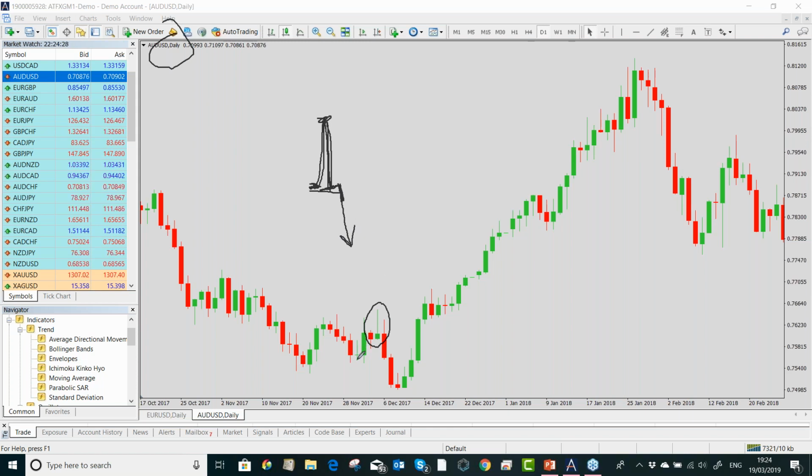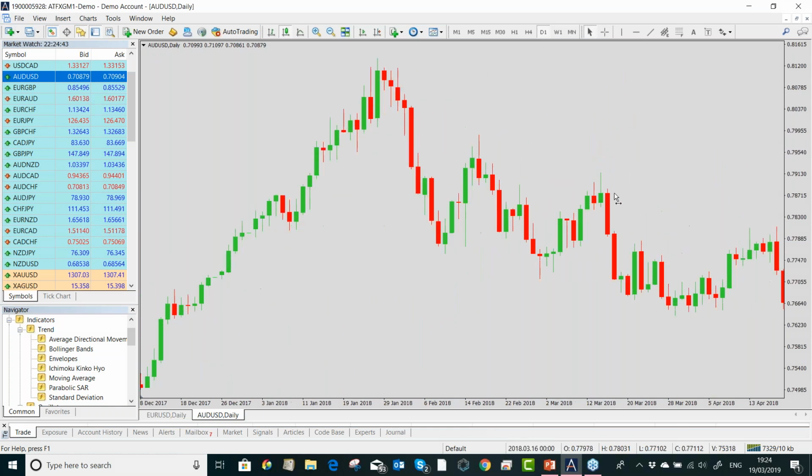And that is indeed what's happened here. The buyers have come up, the sellers have pushed price down, and then the market has continued in the downwards direction. So it is possible to use these candlestick patterns to give us an indication of direction.